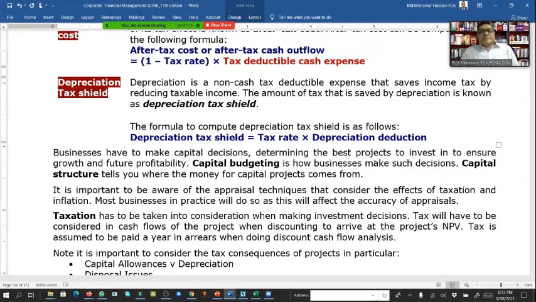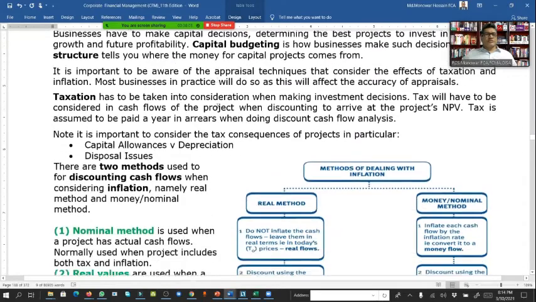The rate is prescribed there. The amount of tax that is saved by the depreciation is known as the depreciation tax shield. So the formula is: depreciation tax shield equals tax rate multiplied by depreciation deduction. So these were three things here.